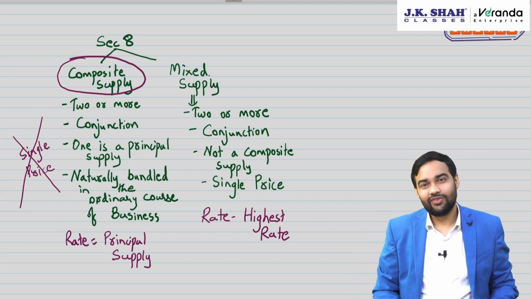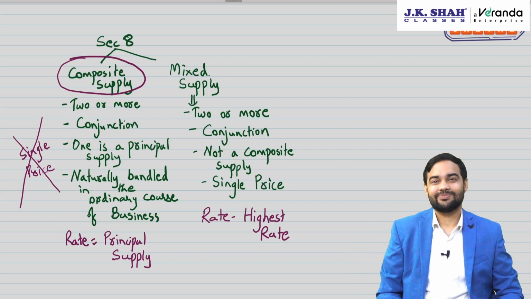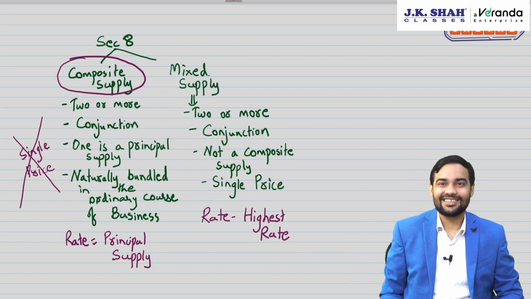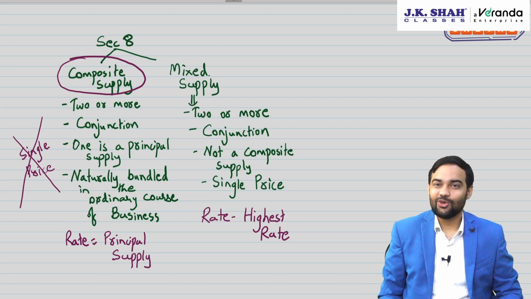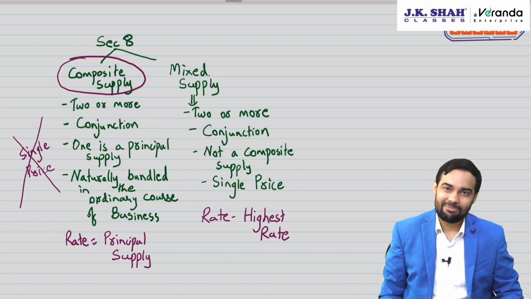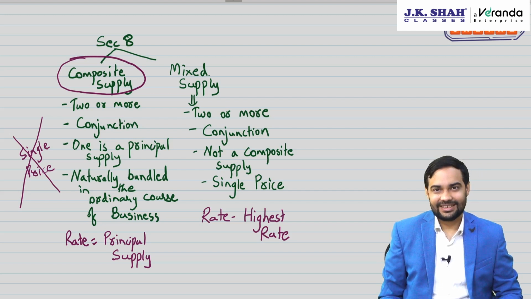Like movie tickets along with food being provided together, then movie ticket is the principal supply and its rate will be applicable. So be careful on these points.